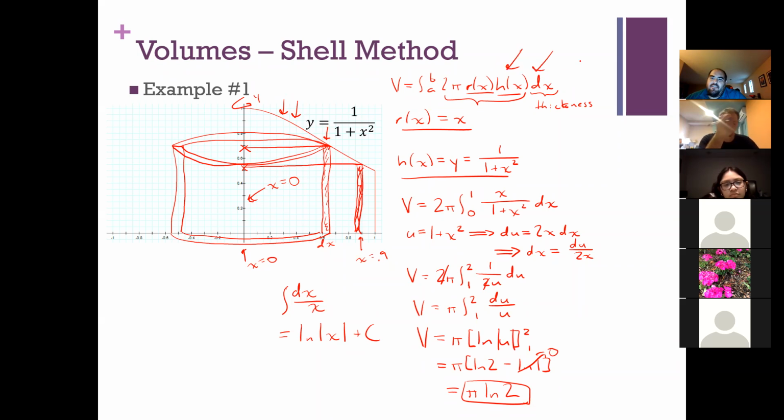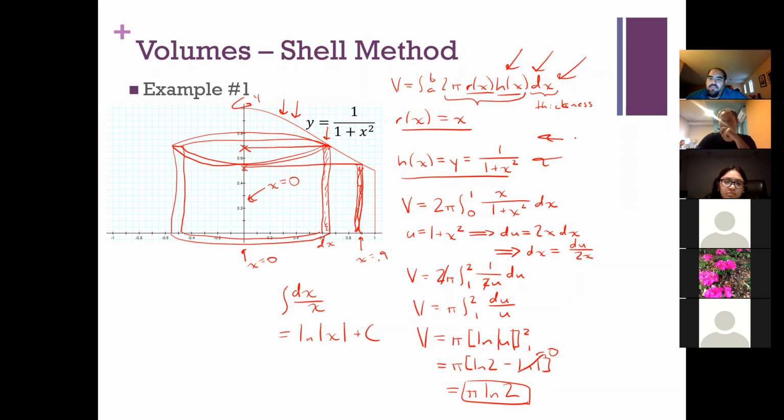So this right here, you can pretty much always lean on if you're using the shell method. Your integral is always going to be of this form. You are always integrating with your integrand as the area of that rectangular surface on a cylinder. And then from there, it's all a matter of, what do we do here?